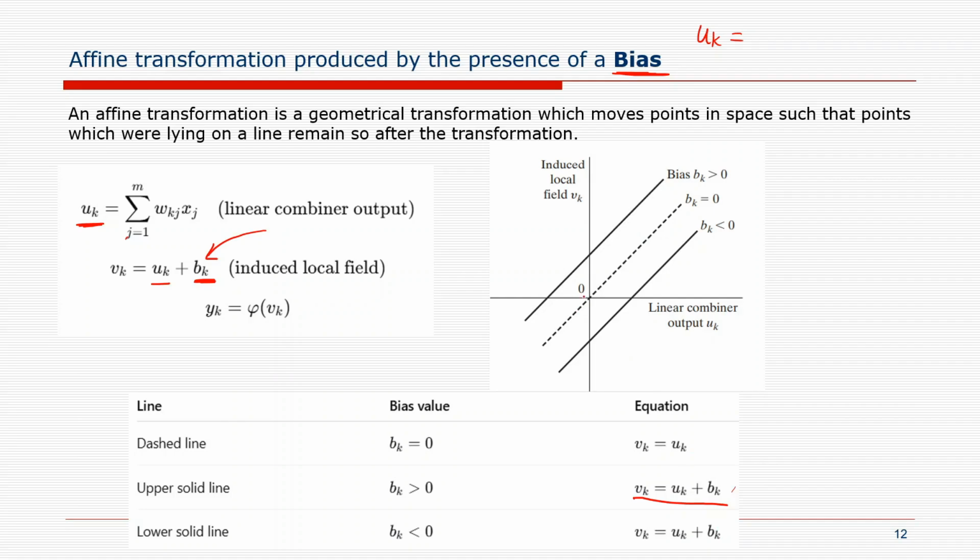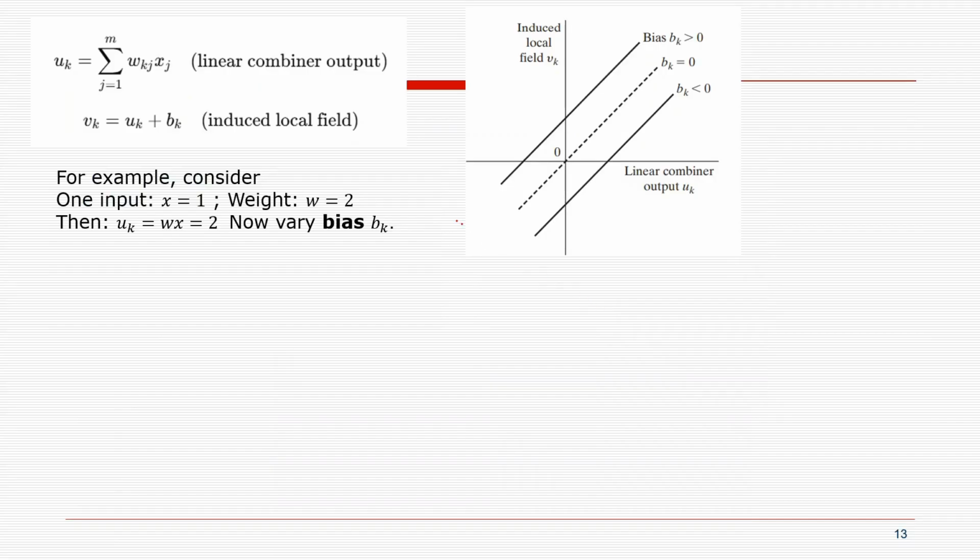Now we'll understand why this is happening with an example input. We will take a neuron with one input x and the weight equal to 2.